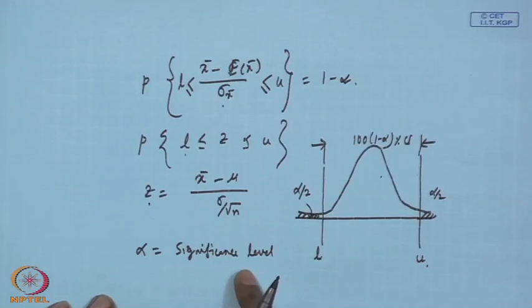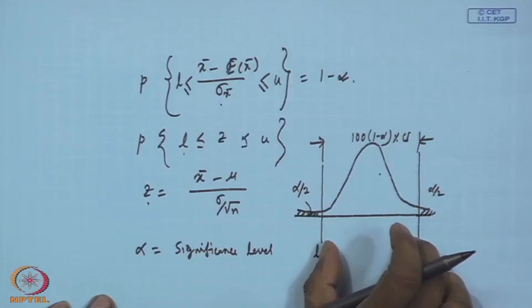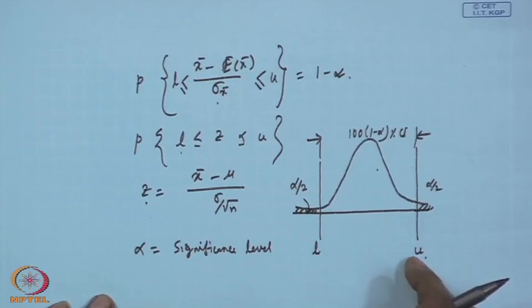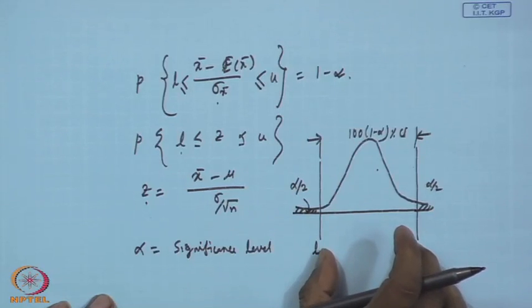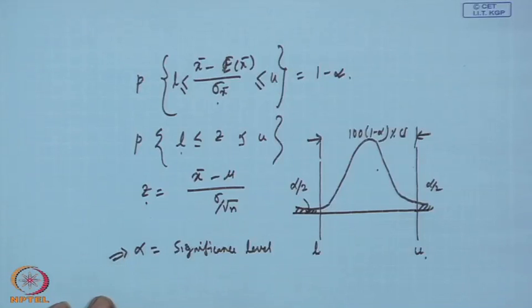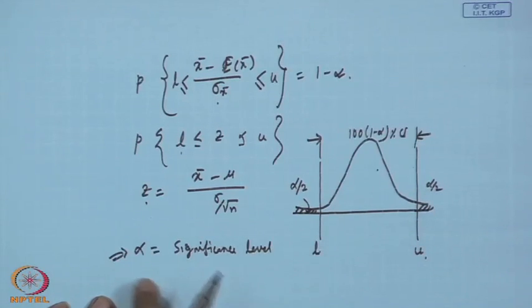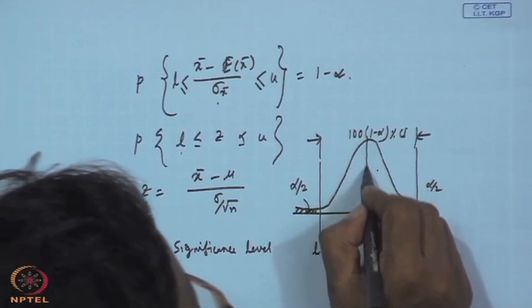So, what does the significance level alpha indicate? It indicates that if I consider L to u as the confidence interval, then the error you are accepting is alpha. What is this error? It is the probability that the true mean lies in this hatched portion, that is, alpha percent probability. Okay. So, now how do we get this L and u?